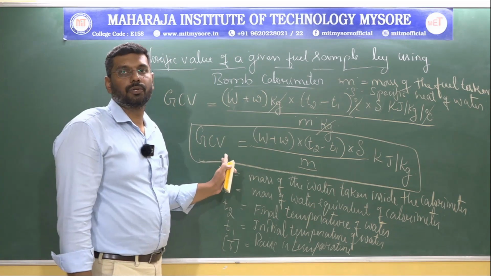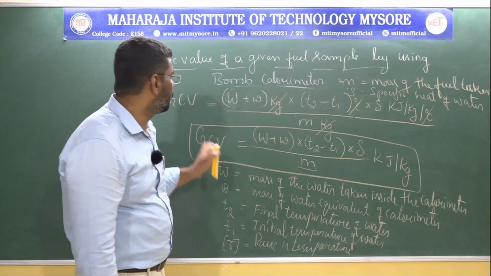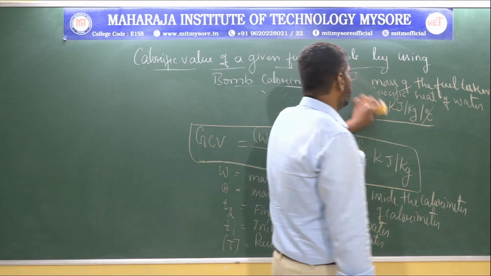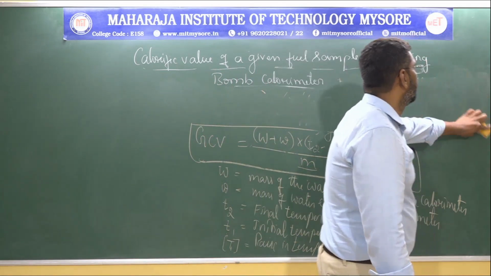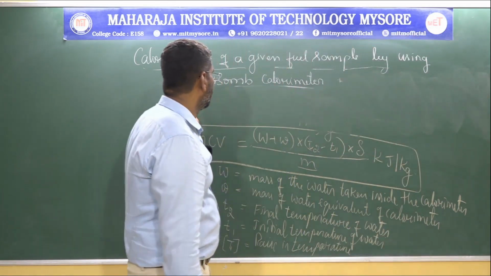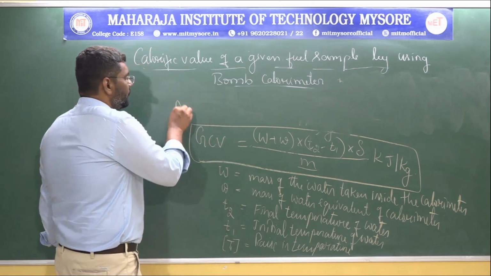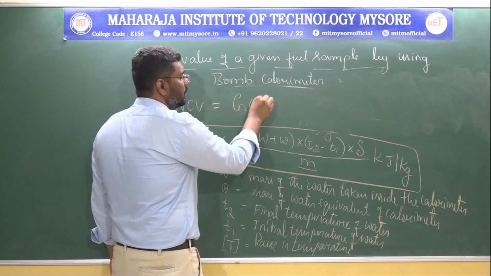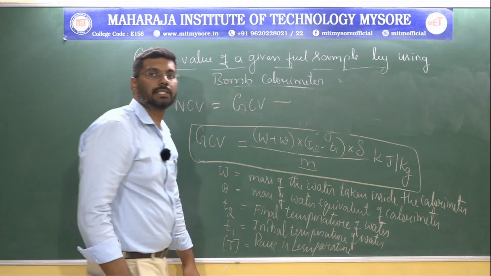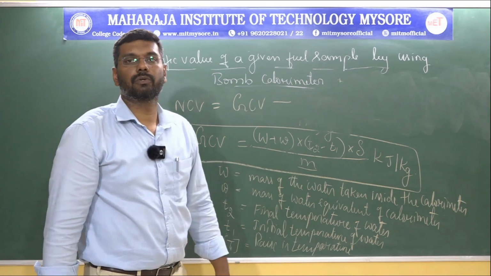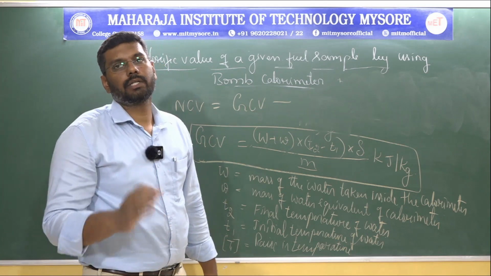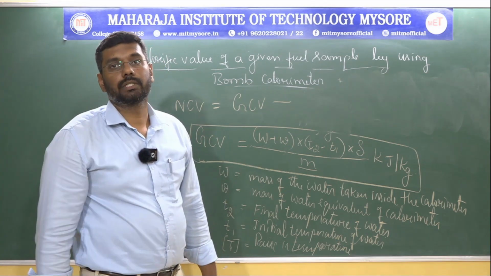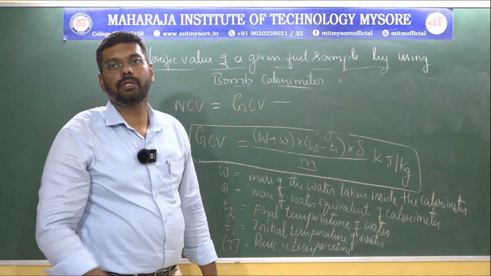Now we shall switch over to NCV. So what is the expression to calculate NCV? That is net calorific value. NCV is nothing but GCV minus, because as I told, in net calorific value or low calorific value, we are not considering the amount of heat released due to the byproducts, because byproducts are let off free to the atmosphere.